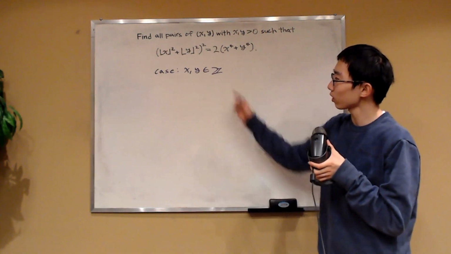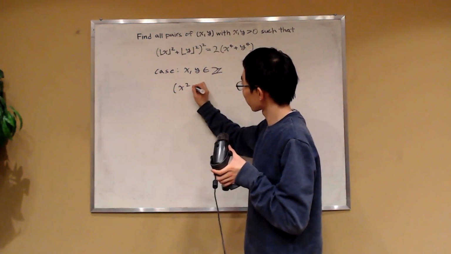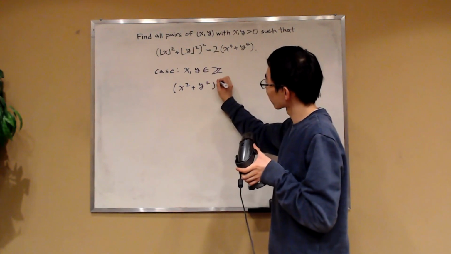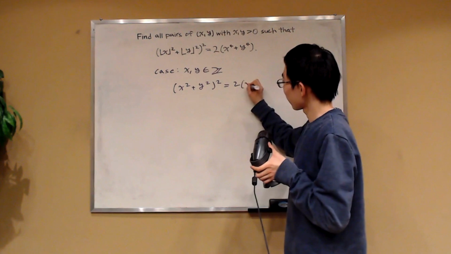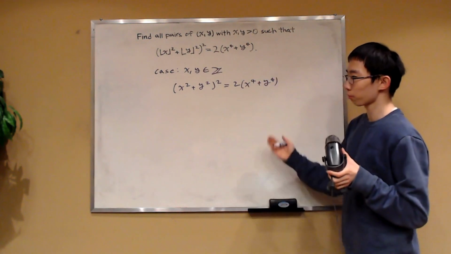So, when they're both integers, then this equation simply becomes (x squared plus y squared) all squared is equal to 2(x to the 4 plus y to the 4). And now we can expand and distribute.